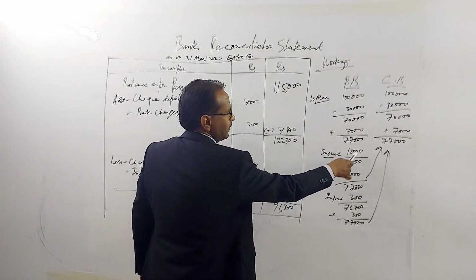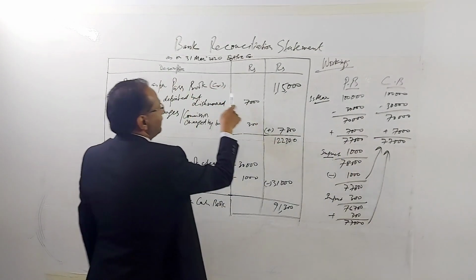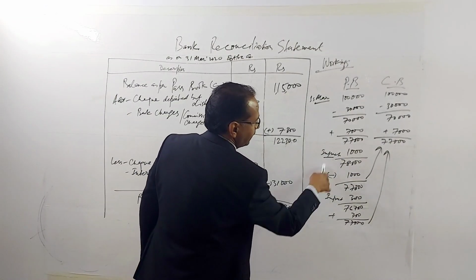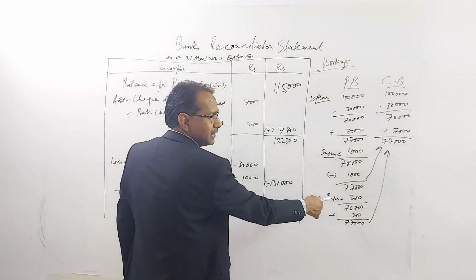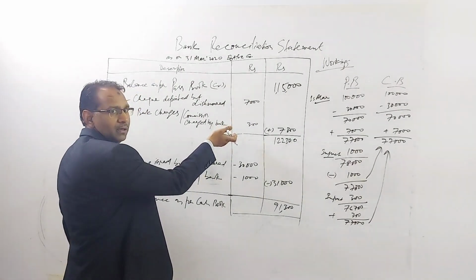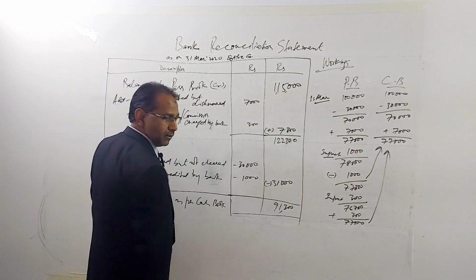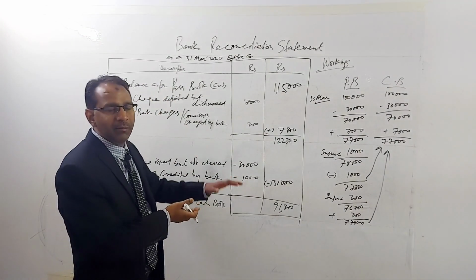Interest which was added by the bank but not in the cash book, we are making with the passbook balances, so we have to add it here, we have to reverse it, 300 rupees bank charges, bank has deducted it, so we have to bring it back, add it back, इसको ऐड कर लेंगे तो उसके बाद हमारा ये रिकॉन्सिलेशन क्लियर हो गया, ठीक है.